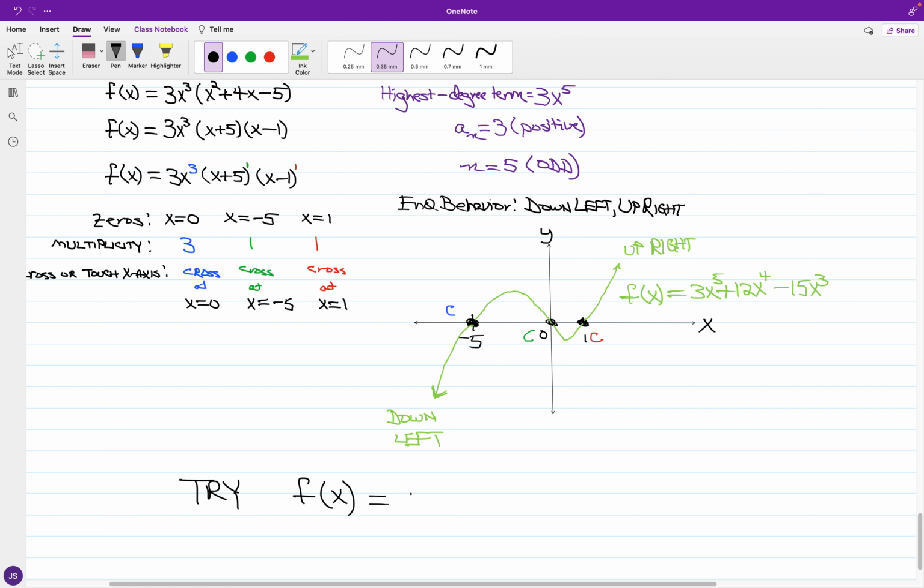And we'll say in this one, we have f of x is equal to negative 2x to the fourth minus 16x cubed, and we'll say in this one, I'll change that to subtraction as well.